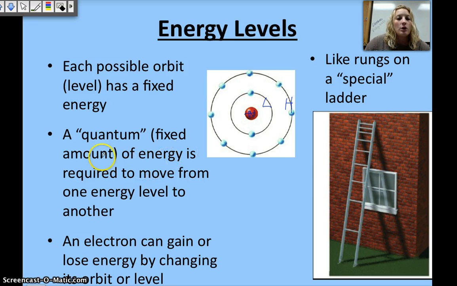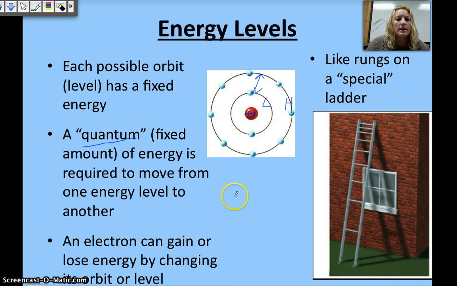And we say that a quantum of energy, or a fixed amount, is required to move from one energy level to the other. These electrons don't have to stay in one place. They can hop back and forth. If they go out, they need energy to get there. If they're coming back in, they're losing energy because this is a lower energy level.